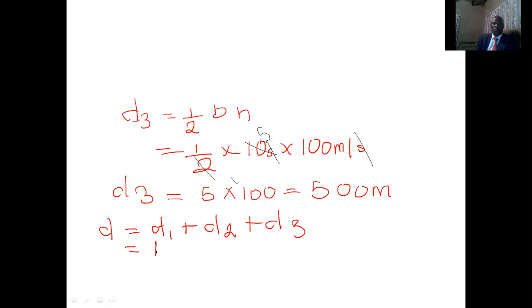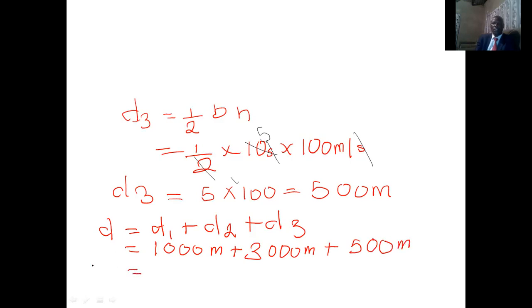So we have 1,000 meters plus distance 2, which was 3,000 meters, plus distance 3, which was 500 meters.